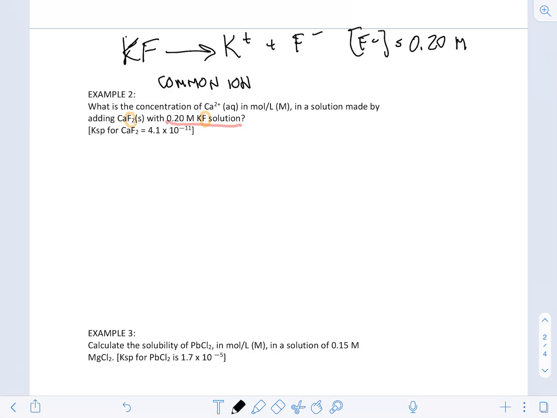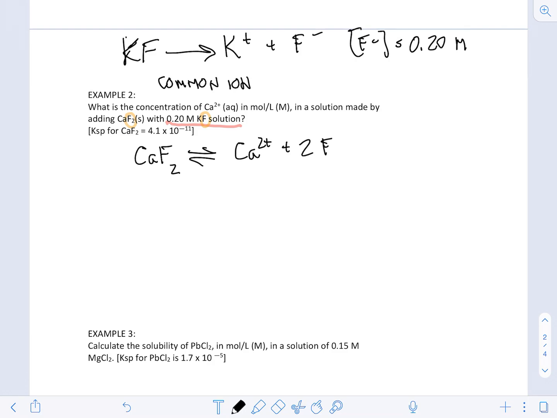Once again, we have to set up our dissolution equation, and you have to pay attention to stoichiometry. We have the double arrows, and we have calcium ion plus 2 fluorine ions, so this is a difference from the previous problem. We don't care about calcium fluoride because it is a solid. Initially there's no calcium ion dissolved, however there's definitely 0.2 molar of fluorine ion.